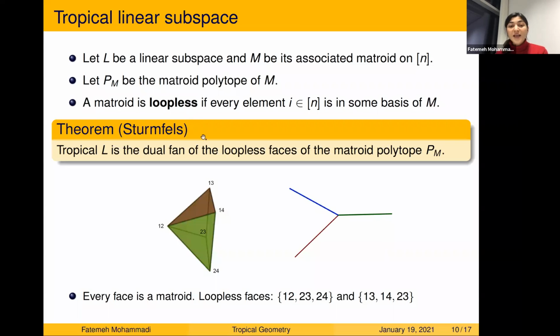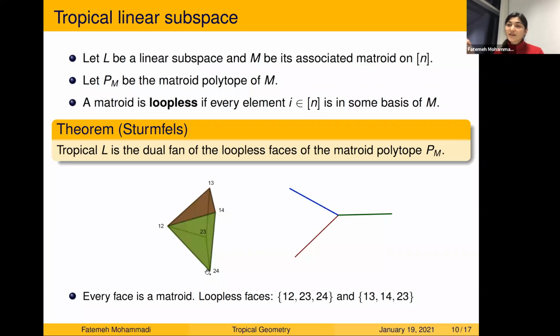So I take my matroid polytope, and I detect which faces represent loopless matroids. Here that would be the brown facet, this square, and also the small one here, 12, 23, 24.